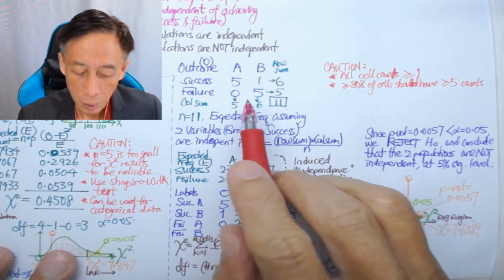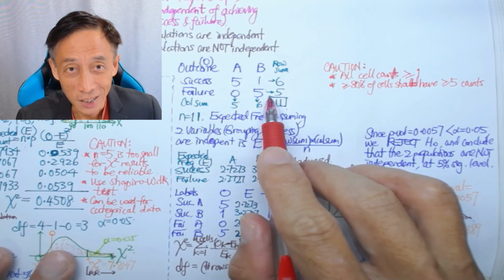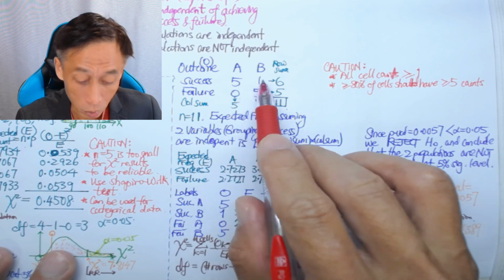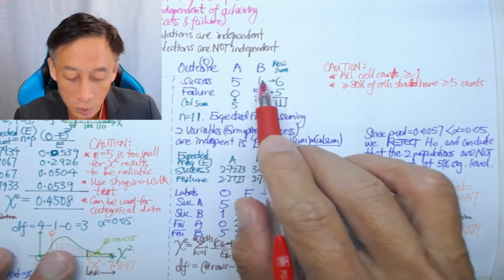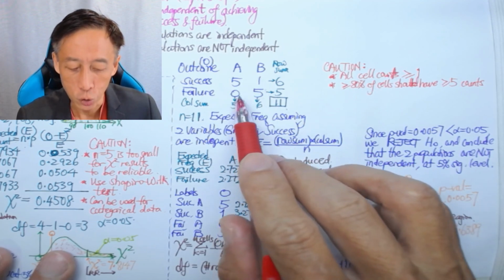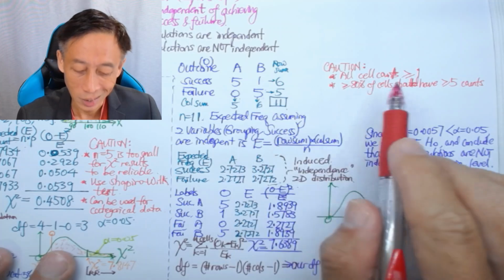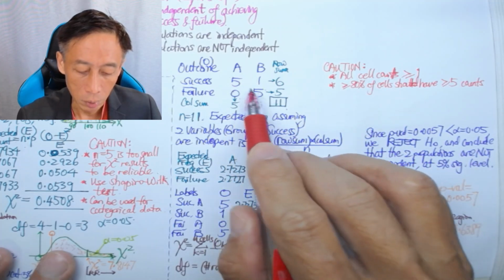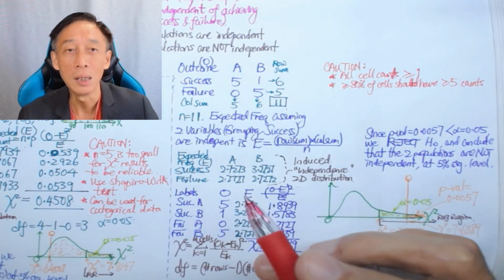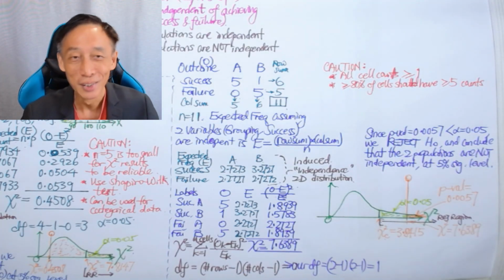In other words, if we have 4 cells, then 80% will be 3.2 cells, so 3 cells or more. So 3 cells or 4 cells, that means all of them. Our cells are not many in the first place. So 3 cells or more should have each cell 5 or more counts. So the second rule here, this is clearly violating the rule. Violating the rule doesn't mean immediate failure, but if you're violating all the rules, then we have a big problem.